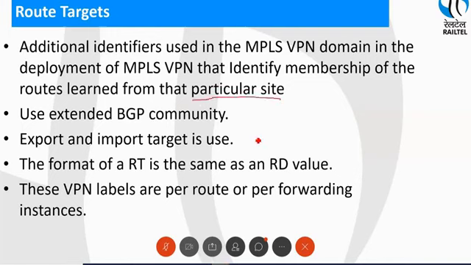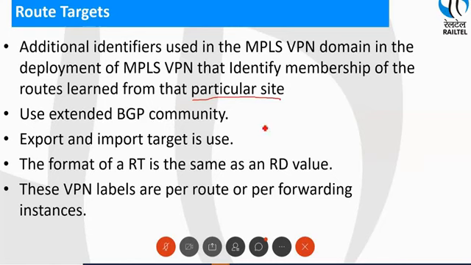They will identify that a particular route belongs to Indian Railways or to DRDO. So there are two things you need: to identify the membership of that route, and to make that route a unique route. In this case you use the extended BGP community.